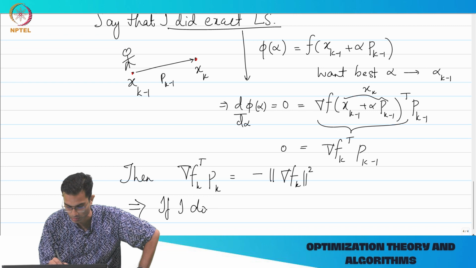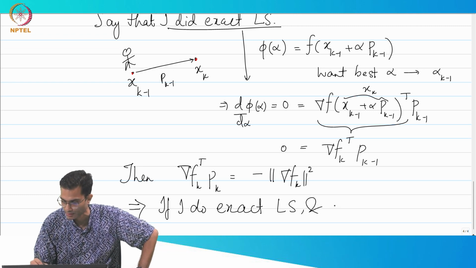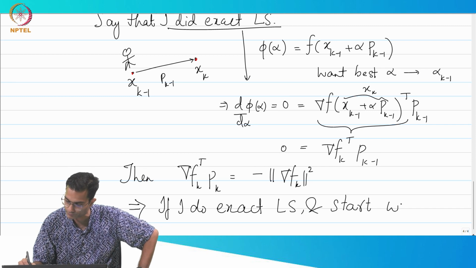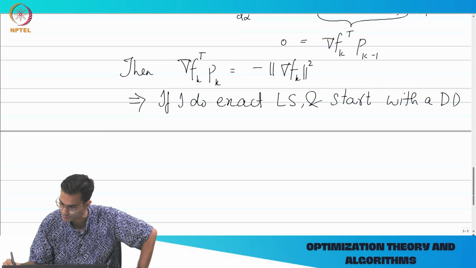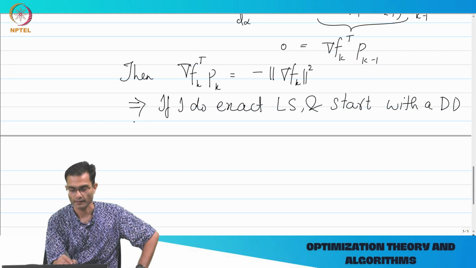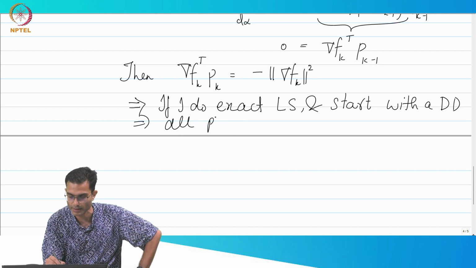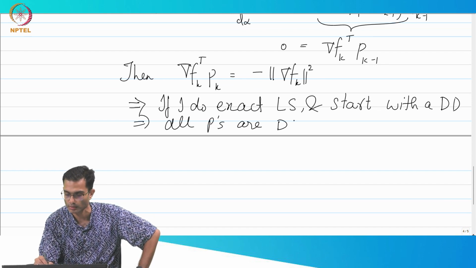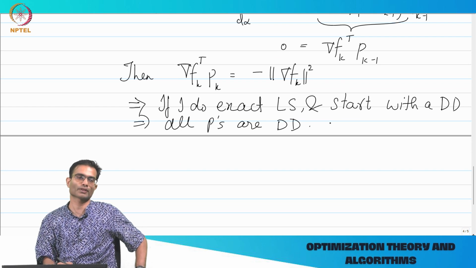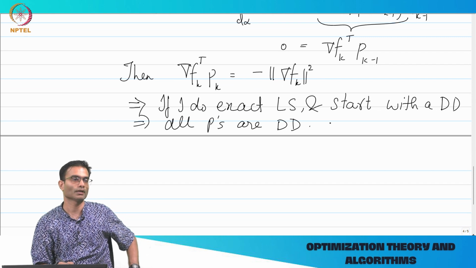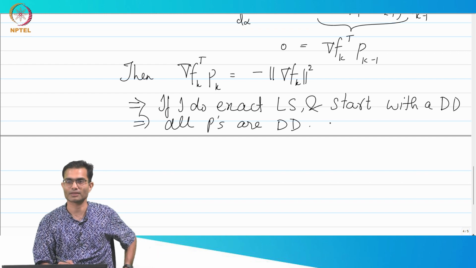If I do exact line search and start with a DD, which is a descent direction, it implies all P's are DD. Why? Because they always make a negative, acute angle with the minus grad f direction.